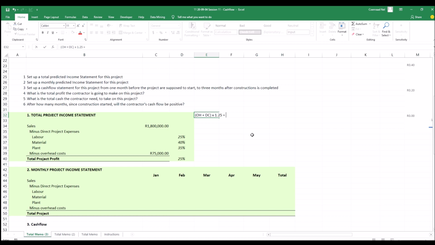If we do that, we get the 1.8 million rand that we said was the total income that we have over there.